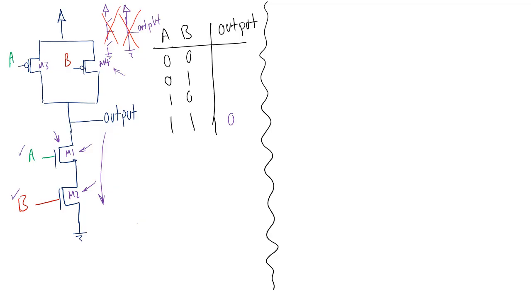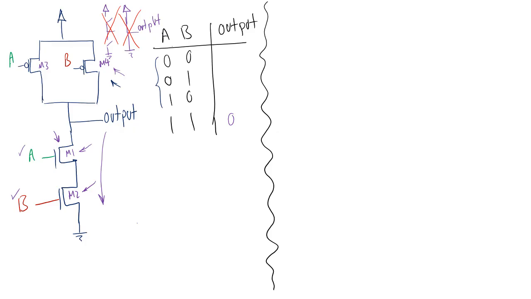If I get one of A and B to be 0 or both of them to be 0, I can see that because I have a parallel structure up here at the PMOS side in the pull-up network, either of them or both of them being 0 connects the output to VDD.